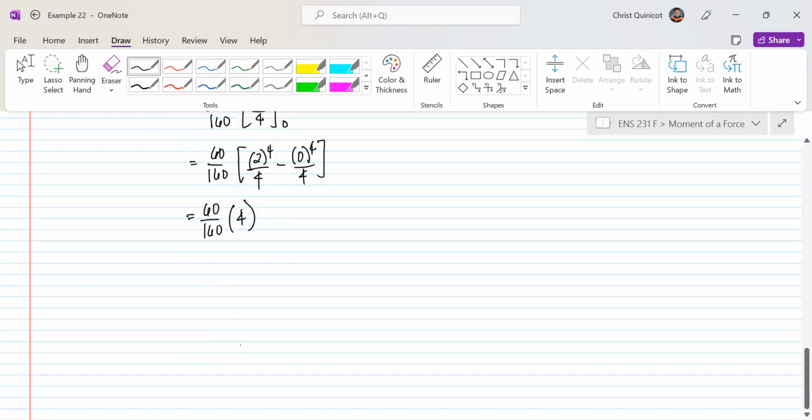Therefore, our x bar is equal to 60 divided by 160 is 0.375 times 4, that's 1.5 meters from O.